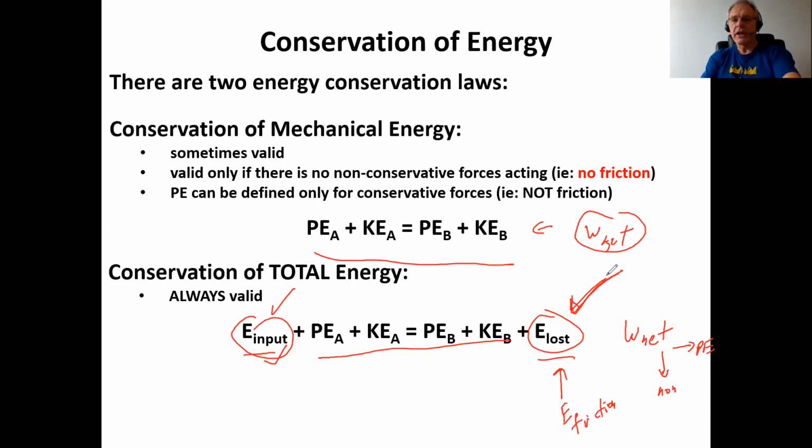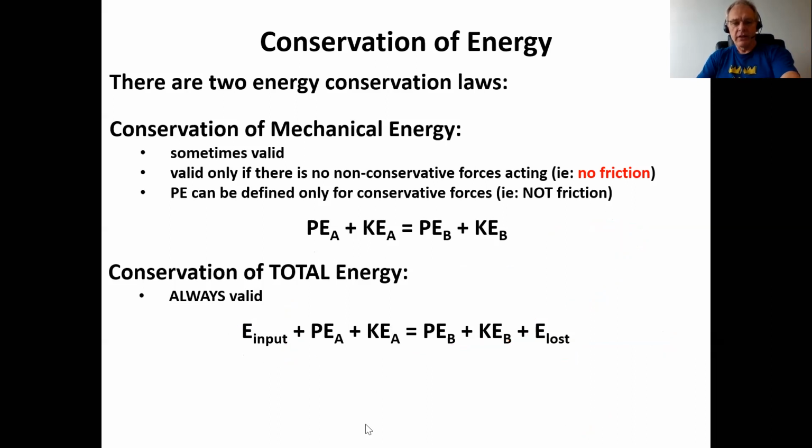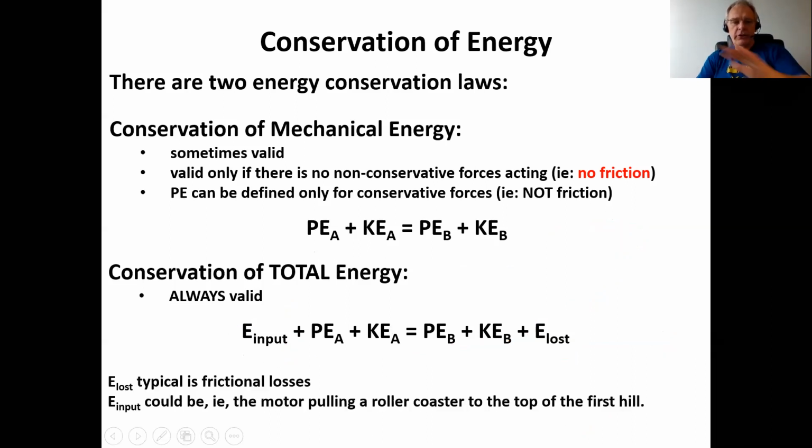Let me clear that, and it's going to say the same as what I just said. So energy loss is typically frictional losses, but the energy input could also be, for example, a motor pulling a roller coaster up to the top of a ramp.